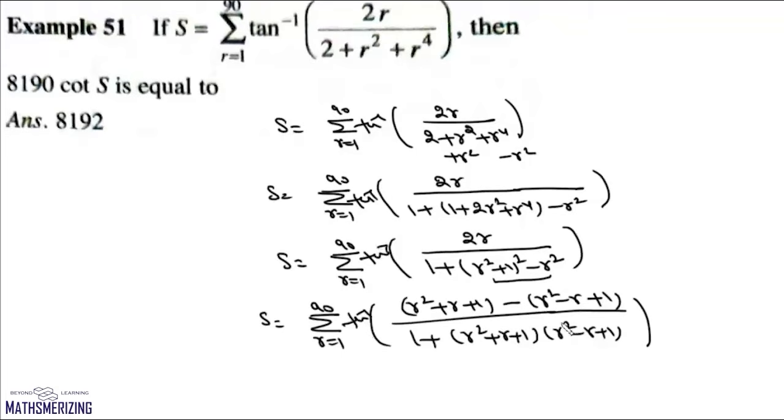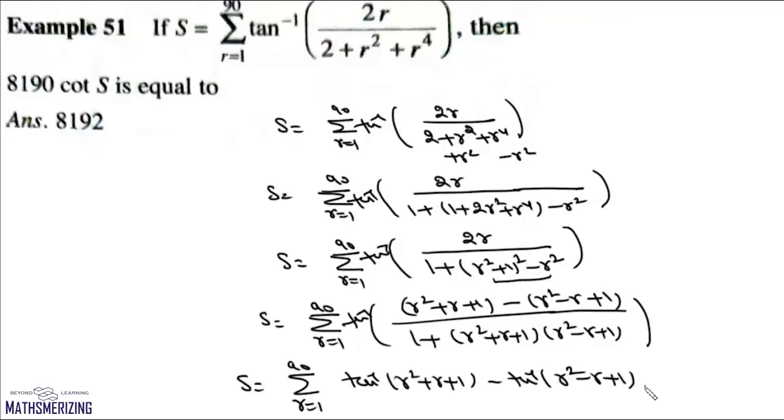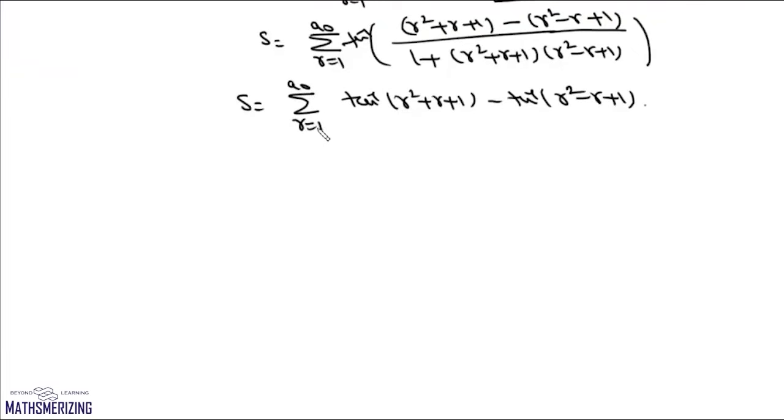Now this is tan inverse of x minus y upon 1 plus xy. So we can write this as this summation r varies from 1 to 90 tan inverse r square plus r plus 1 minus tan inverse r square minus r plus 1. Now we need to find this summation when r varies from 1 to 90. Suppose this is tr.